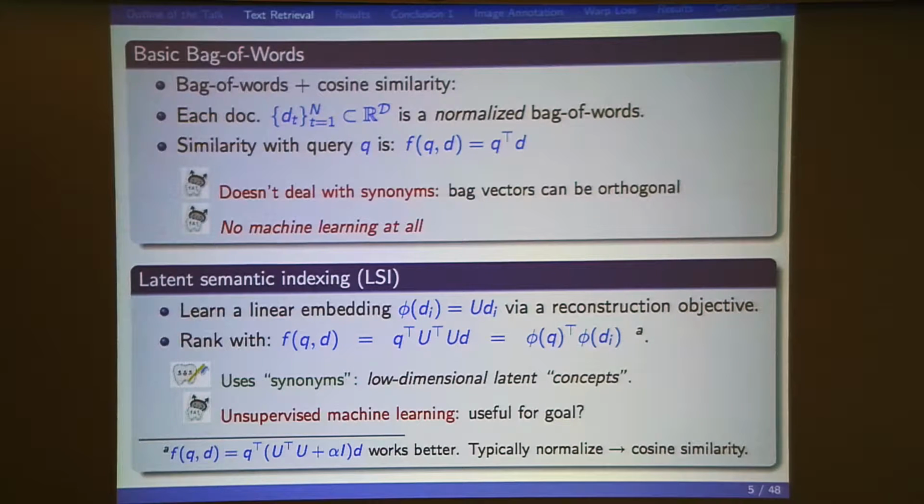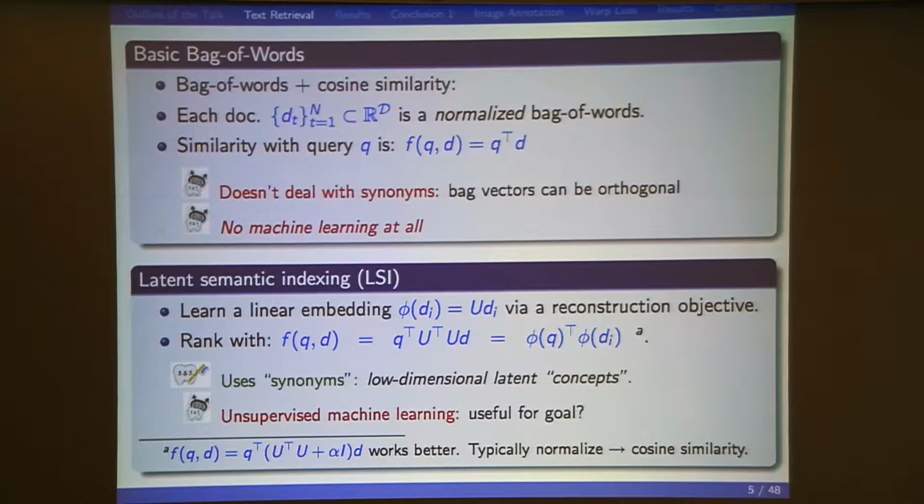Into a low-dimensional space. So this might be something like a 100-dimensional space, 200-dimensional space, where you've kind of mixed all of the words together. Now in that space, you do your dot product, not in the original sparse space, with the hope of now catching synonyms, right?